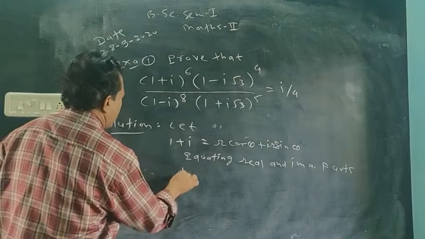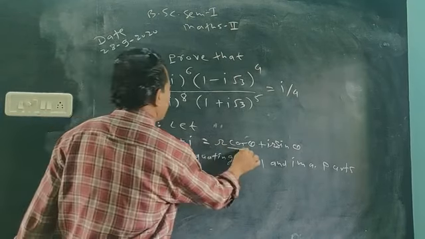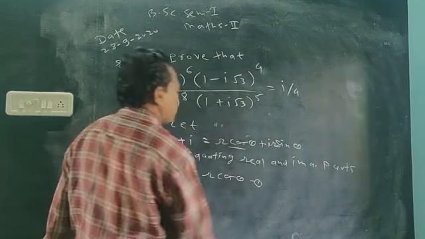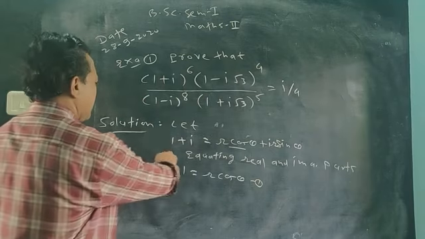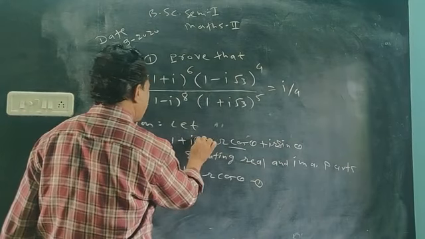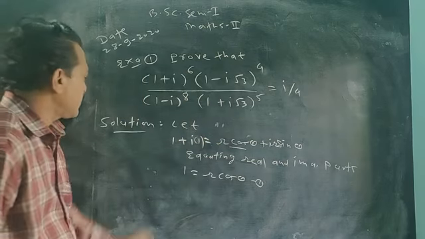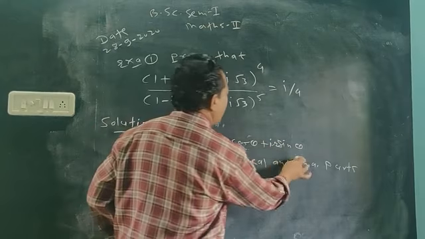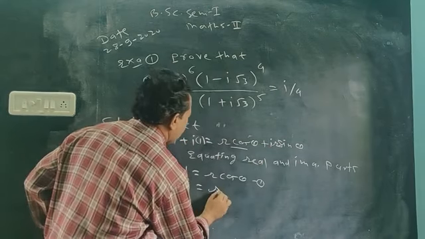Left side real part 1, right side real part r cos theta. Imaginary part means i multiple, nothing means 1 is there. So again 1 for the imaginary part, here imaginary part r sin theta.